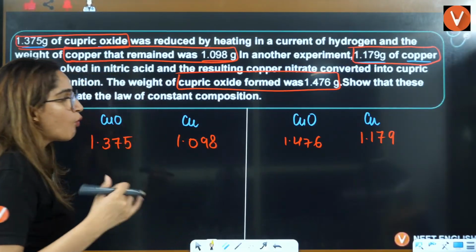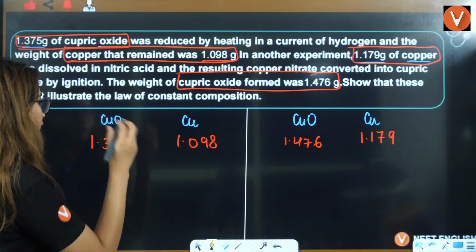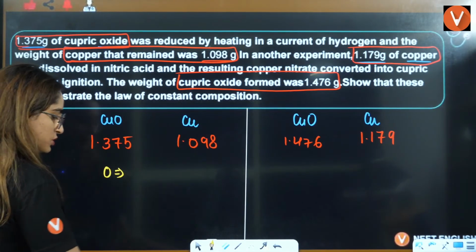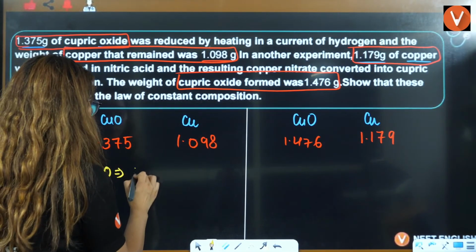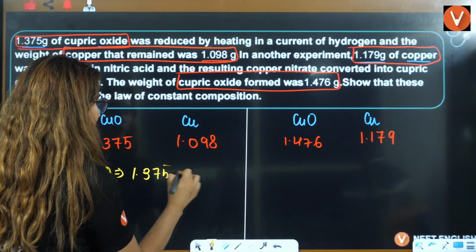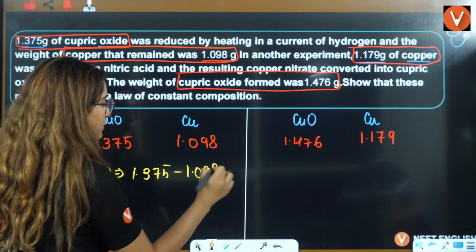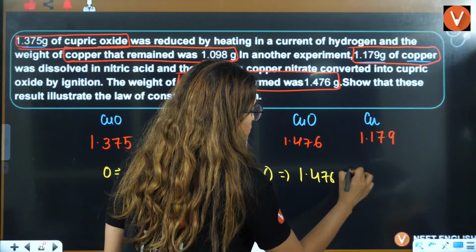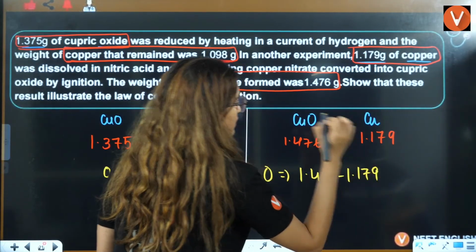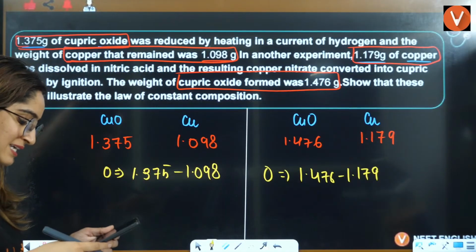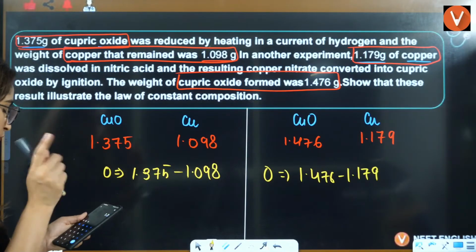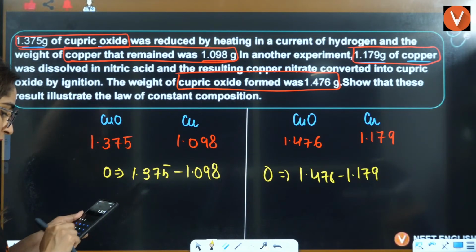So I would want to find the oxygen firstly. If you see, oxygen here will be equal to 1.375 minus 1.098. Here oxygen will be 1.476 minus 1.179. Percentage of oxygen would be a better idea, because you have to fix one thing in your head.